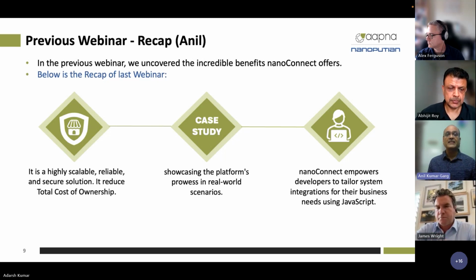We illustrated these advantages through a couple of user journeys, showcasing the platform's prowess in real-world scenarios. Furthermore, we highlighted how NanoConnect is designed with developers in mind, giving them the power to customize system integration to meet their specific business needs.